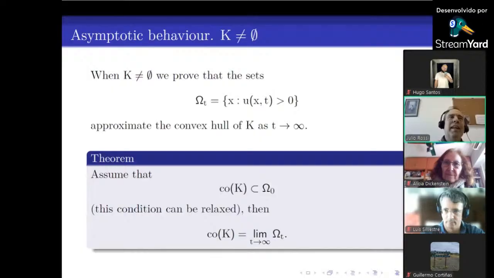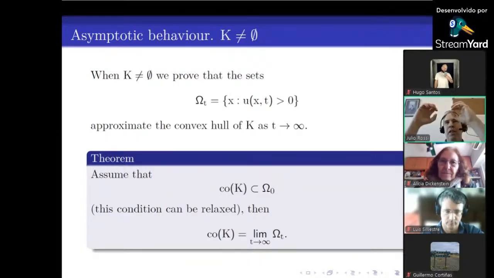But when K is different from the empty set, so when you have an obstacle, this is the main theorem and the main result of this talk. So when the set K is different from the empty set, and you start with something that surrounds the convex hull of K, this condition can be very much relaxed, because what you don't want, if you take these two balls, is that the initial surface is disconnected.